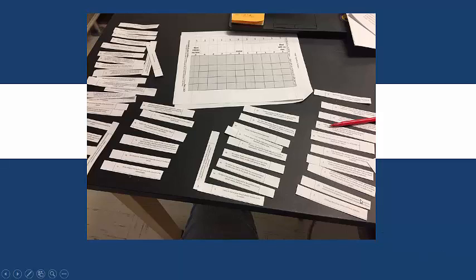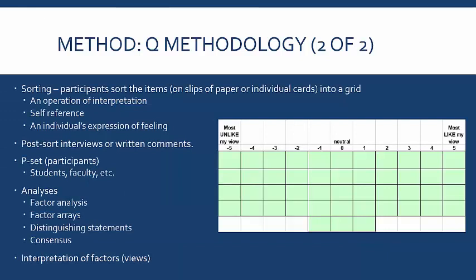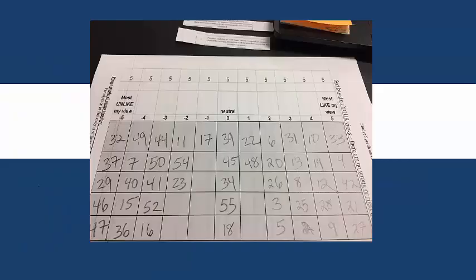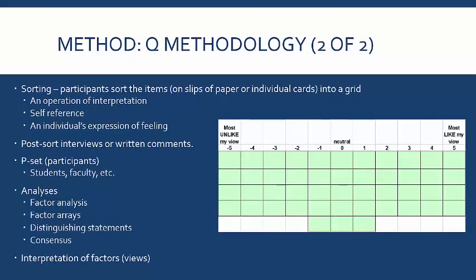And then you literally shuffle these around on this grid until you're happy with what it looks like, and then you write the numbers inside the grid. I think that actually is the next picture. Somehow I got them out of order. So that's the sorting part of this, and Stevenson called this the Q technique part.